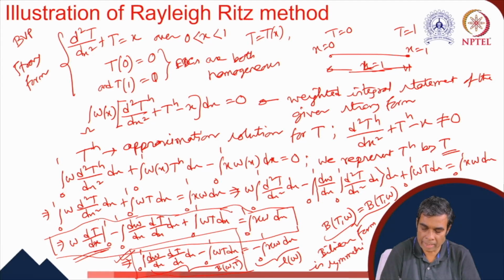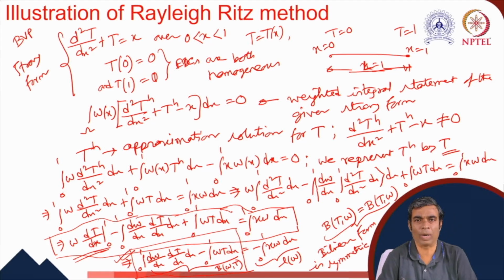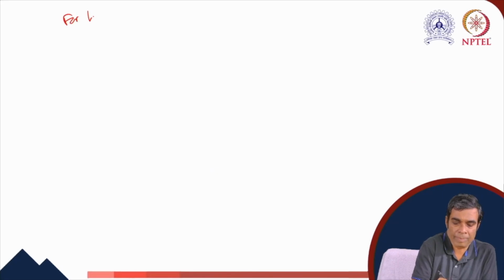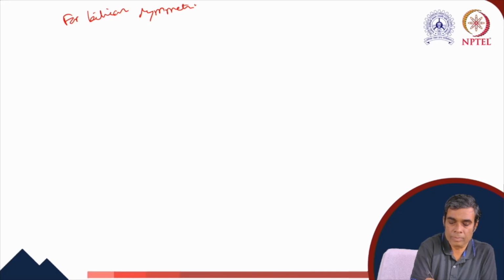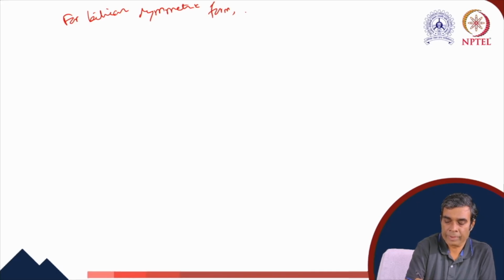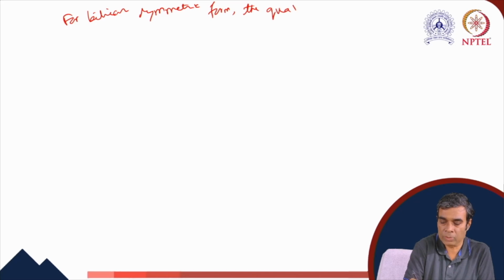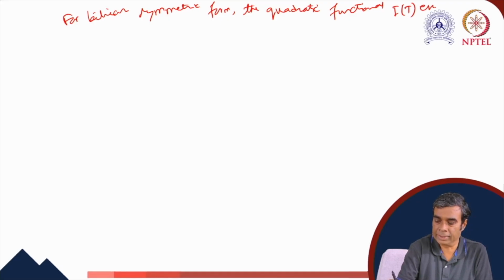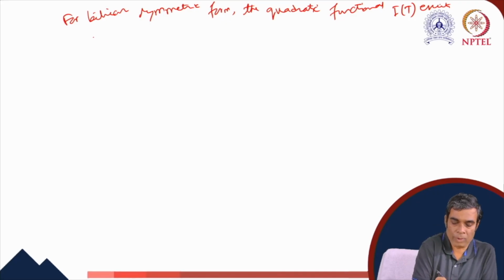So if the bilinear form is symmetric, then the quadratic functional capital I(T) exists.